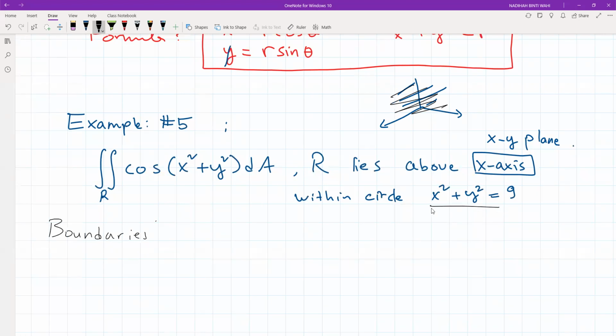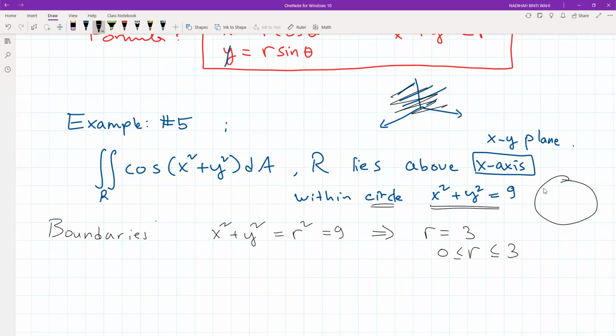Okay, so kalau saya tengok dekat sini, this is just x squared plus y squared equals r squared equals 9. So therefore r is 3. So in this case, within the circle, maksudnya dia di dalam circle tu, so the boundaries is just from 0 to 3.